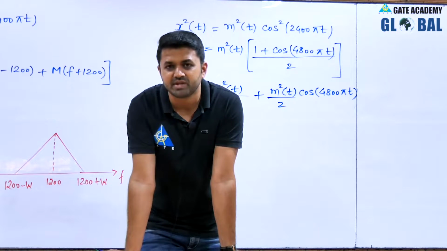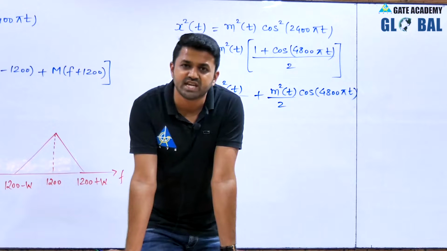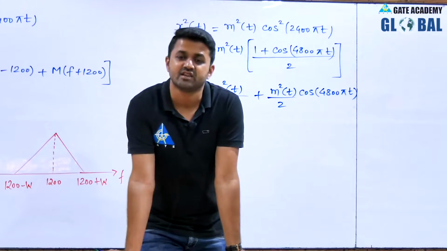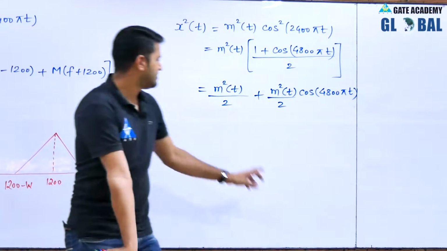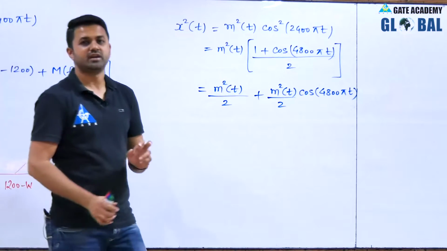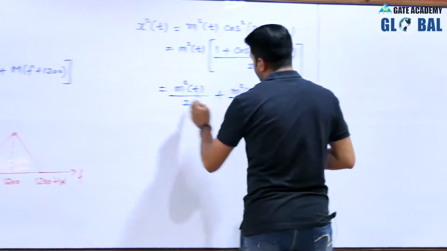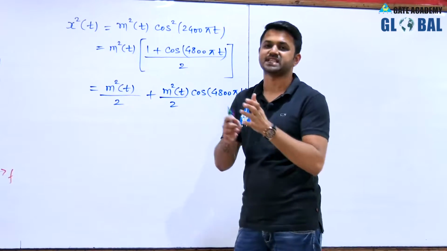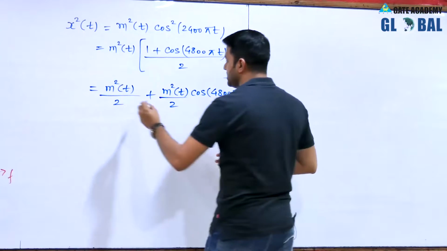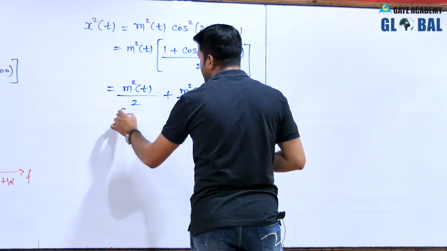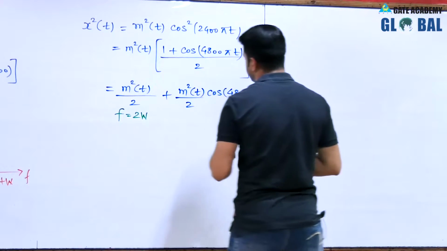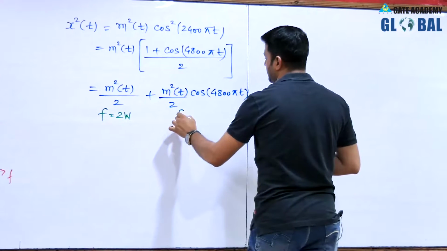Whatever the order of m of t, that times the bandwidth of the message signal will be the frequency of that particular term. So for m square t, the spectrum extends up to 2W, because m of t has frequency W.